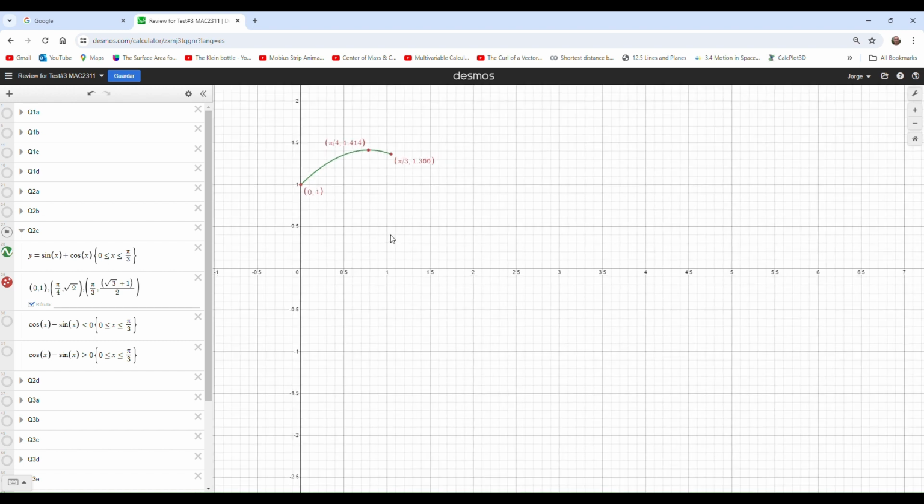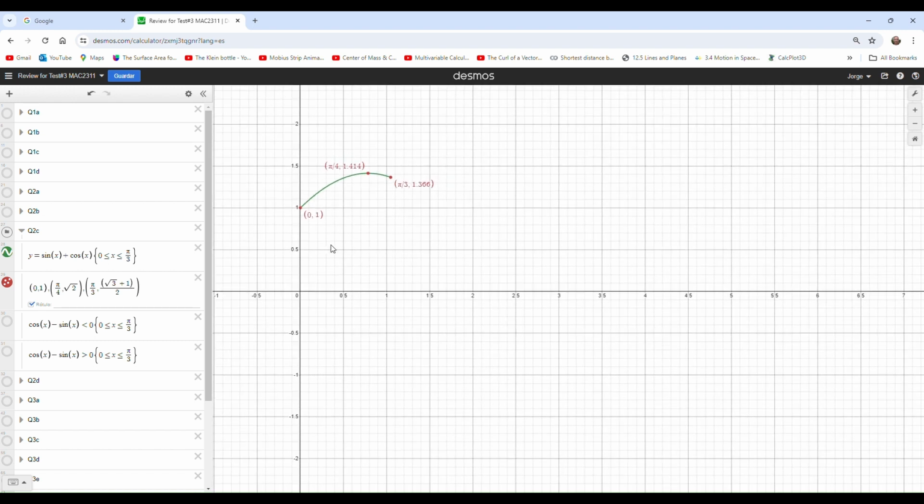It's so clear here in the picture that at x equals 0 is the minimum, which is 1. And at x equal pi over 4 is the maximum, absolute maximum. And the answer is radical 2, which is 1.414. Excellent.